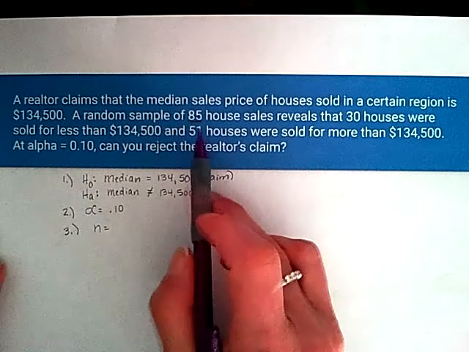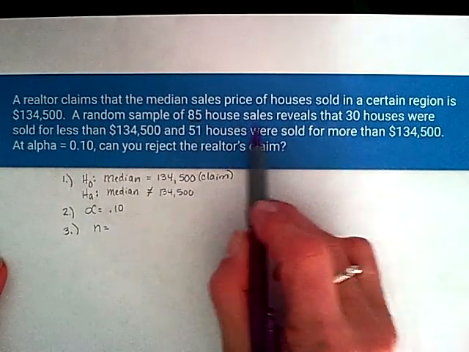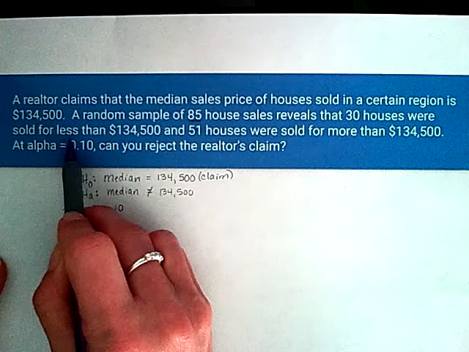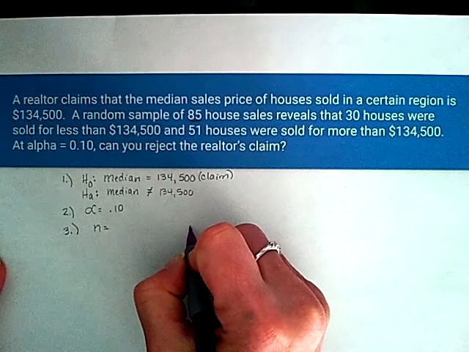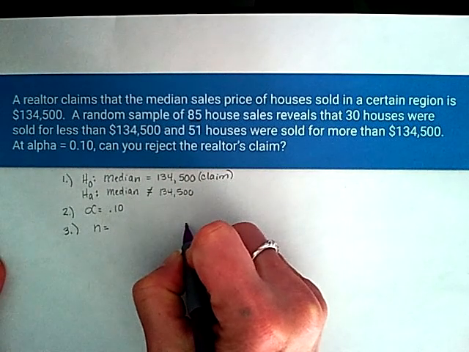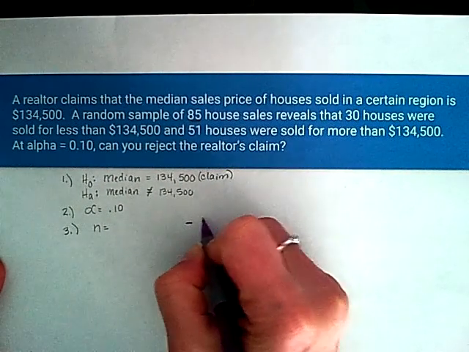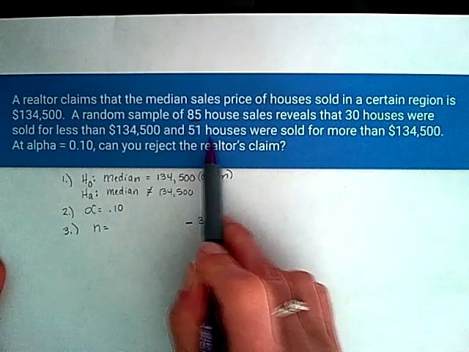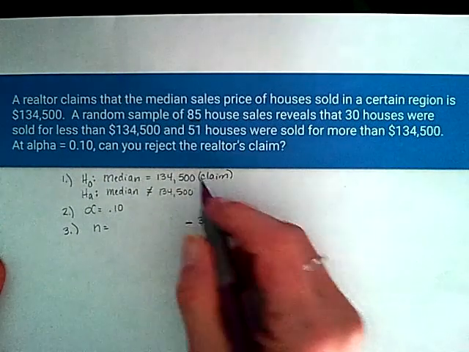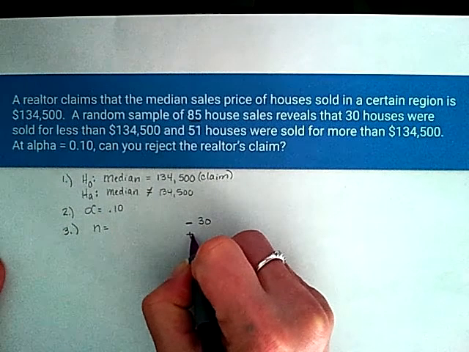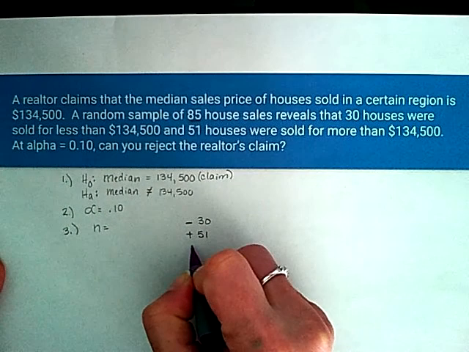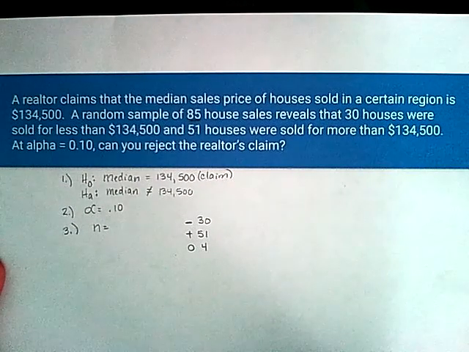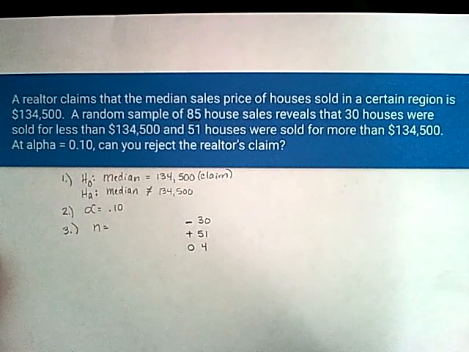So it reveals that 30 houses were sold for less, so our negatives are 30. It also says that 51 houses sold for more, so our positives are 51, and that means we would have had 4 values that were equal to 134,500.